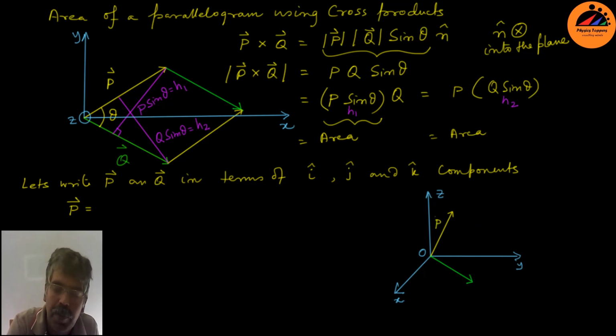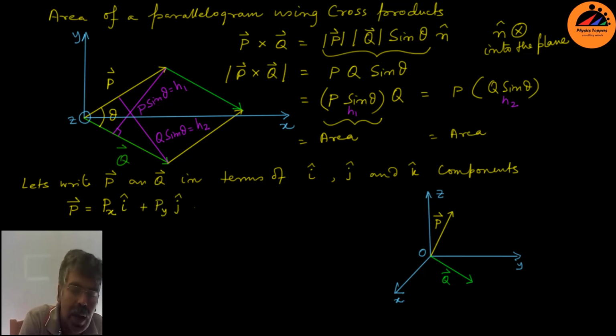So this is P and this is Q, and you can easily get the components of P and Q along x, y, and z. You can draw perpendiculars from the tip of P to x, to y, and to z, and those will be, let me take yellow, px times i cap plus py times j cap plus pz times k cap.